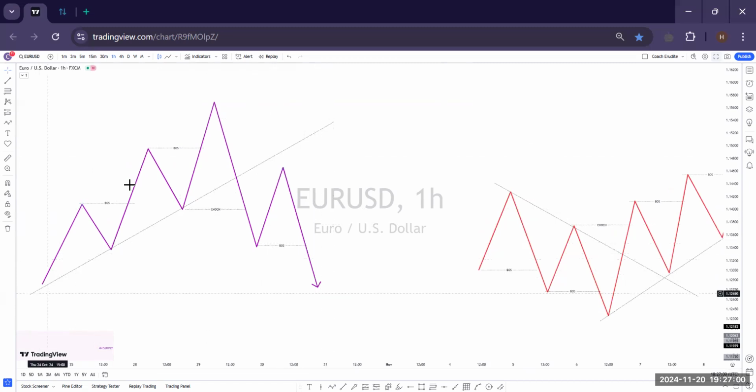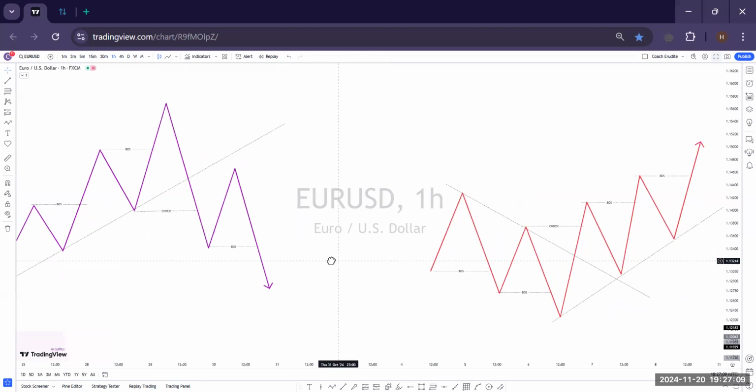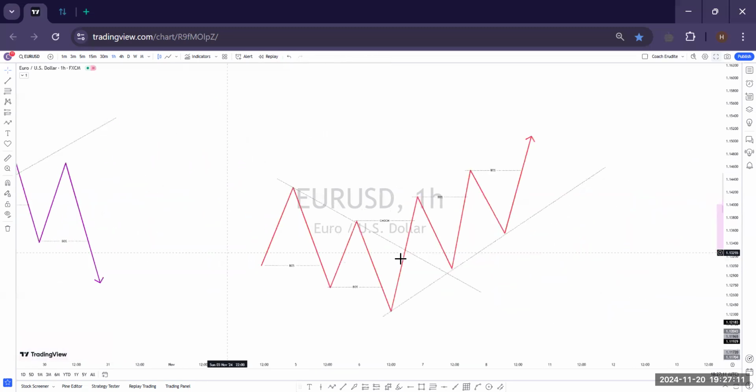Price is going up, breaking structure to the upward side, and you discover that price breaks your higher low and breaks another structure to a downward side. It's seen as a change of character. This is for an upward trend.